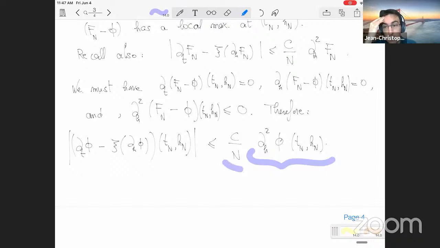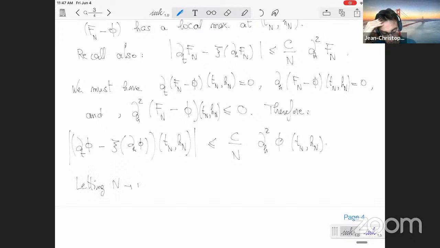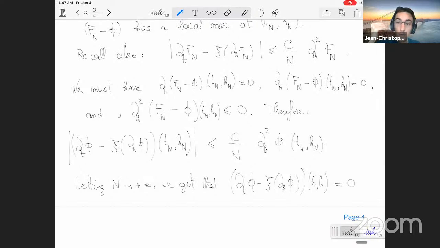So if we multiply by 1 over n, everything disappears. And this is what we wanted. This is the end of the proof.